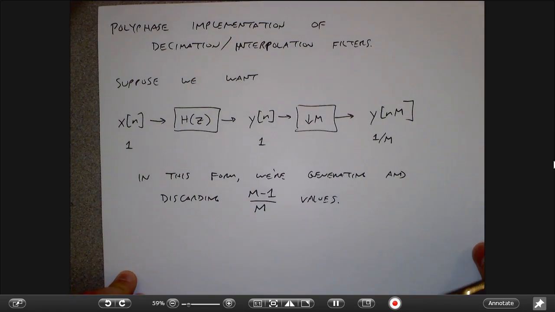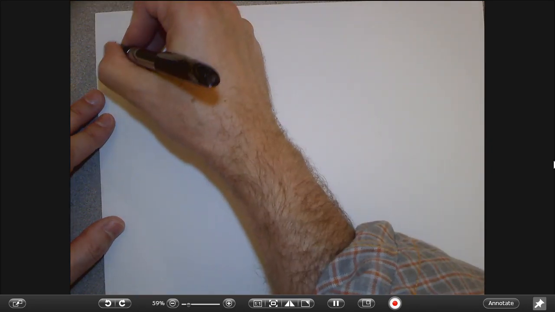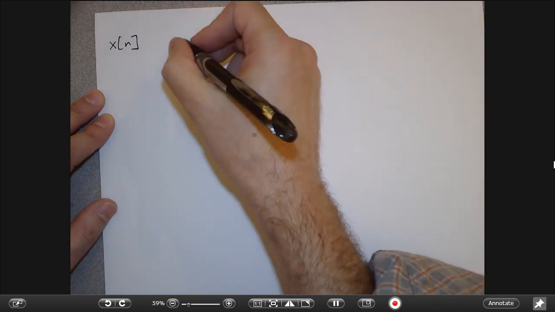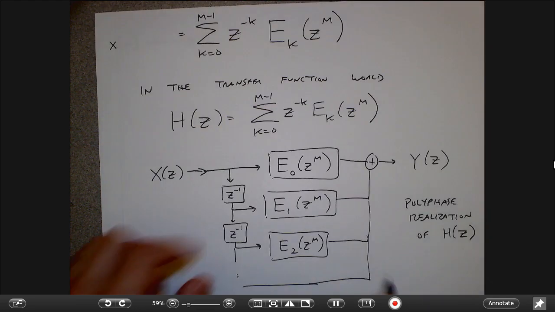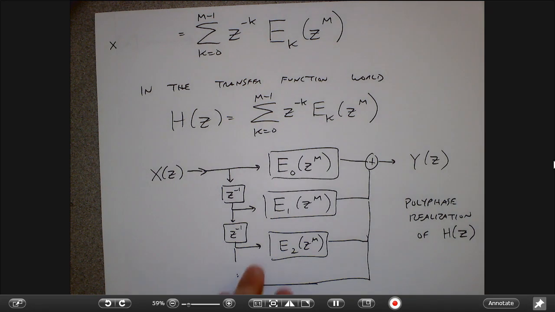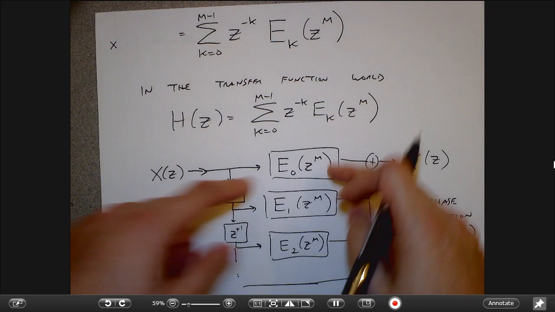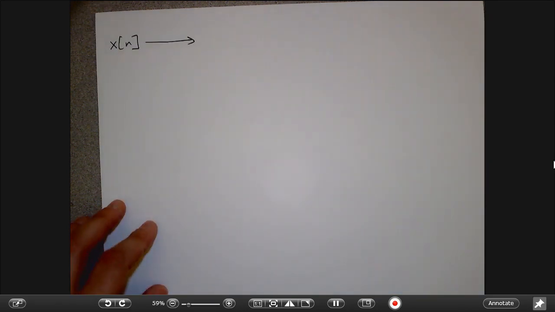So now instead, I'm going to have my incoming signal. Polyphase tells me that I'm going to put that through this guy here. Actually, I think these should be pluses instead of minuses. So I'm going to put this through a cascade of shorter filters.